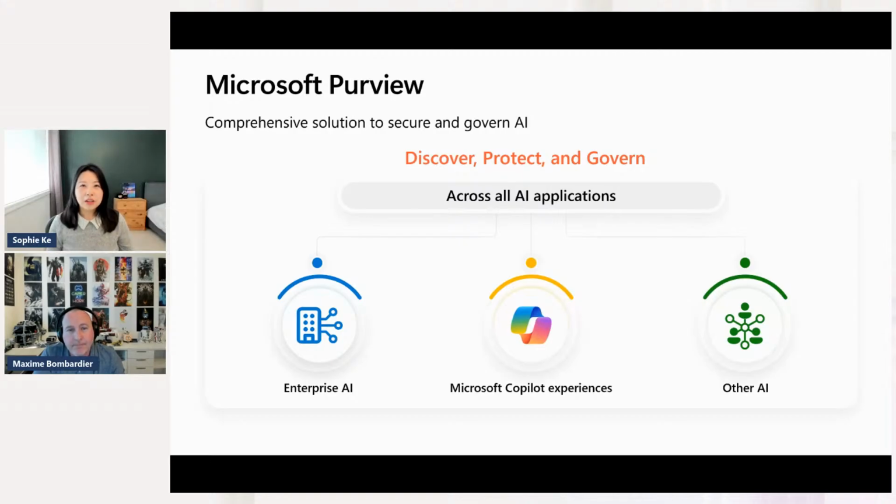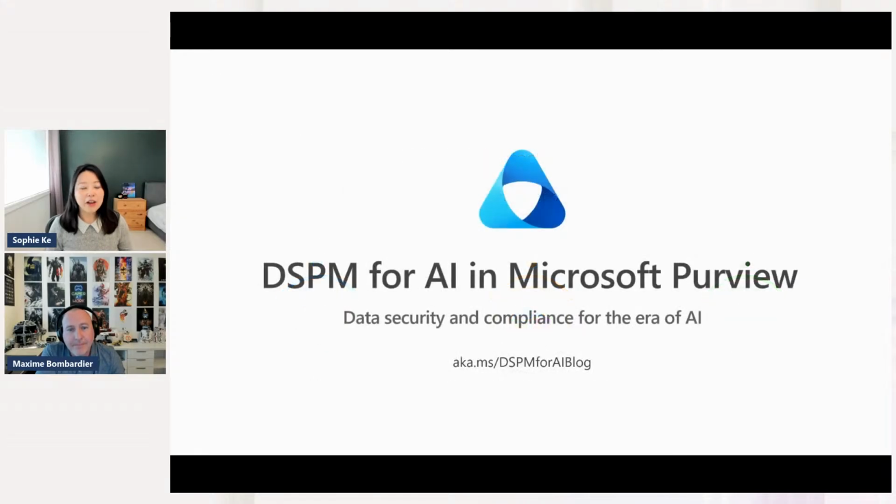What our customers have said is that there are a lot of places for them to go to set up all these policies to secure and govern AI. You have to go to MIP to set up the sensitivity labels, go to DLP to set up the DLP policies. Is there a place for us to do that in a one-stop shop? And that is why we have developed this solution, data security posture management for AI in Microsoft Purview.